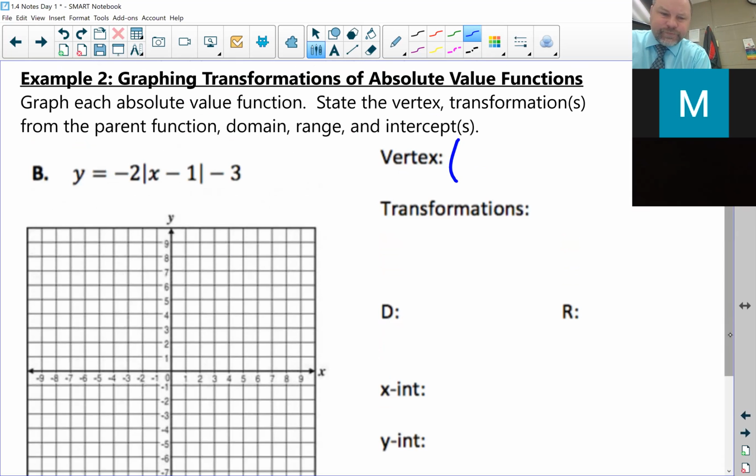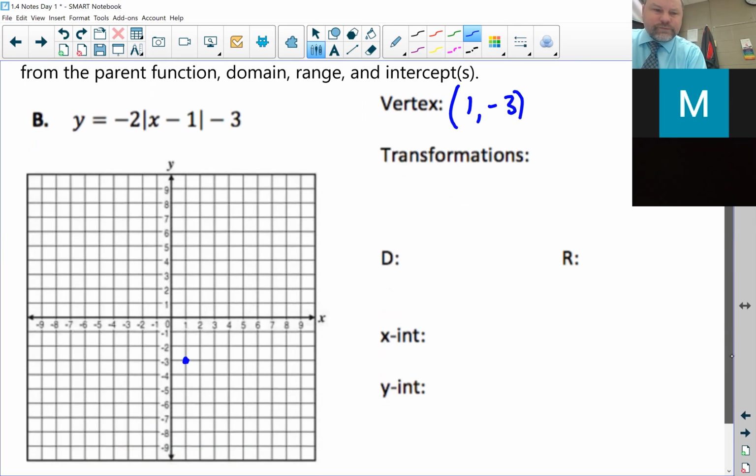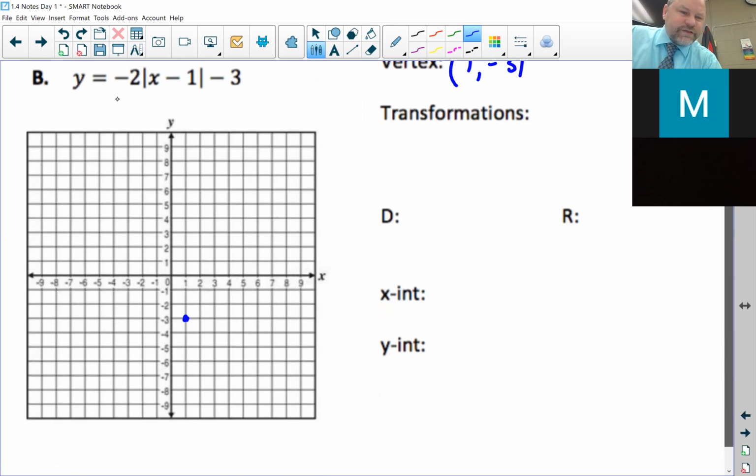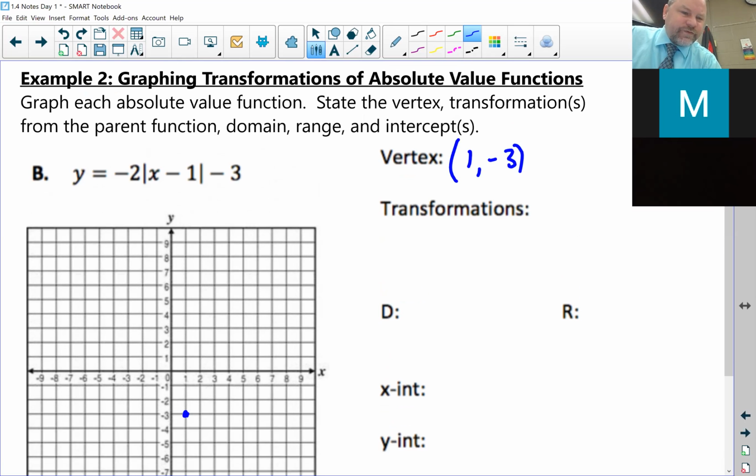So -1 tells me go right 1. The -3 on the other side says go down 3. In this case, I have a -2 in front of the absolute value.